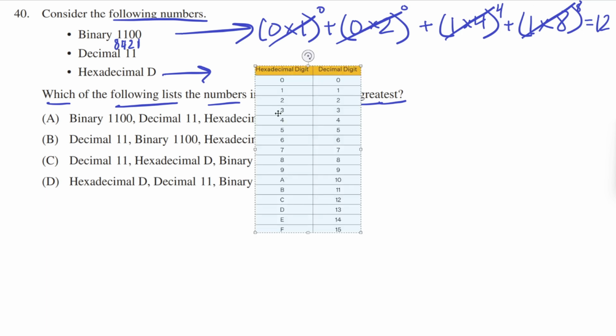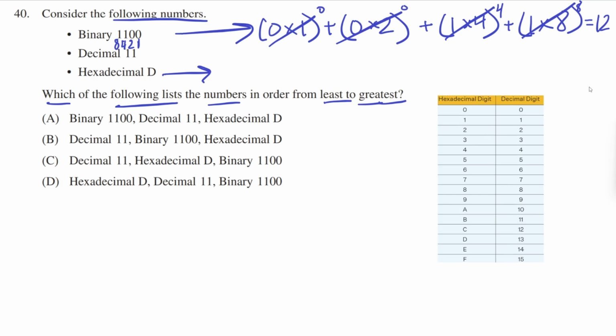I have this chart here that shows the hexadecimal value and the corresponding decimal digit, but you don't need a chart. I'm just going to demonstrate here. So the way hexadecimal works is that there are 16 total hexadecimal values.